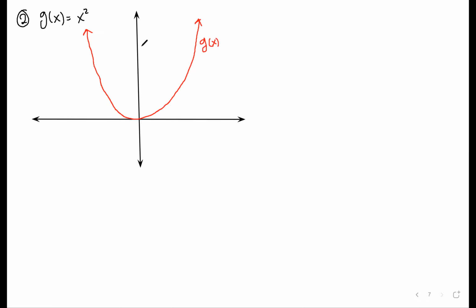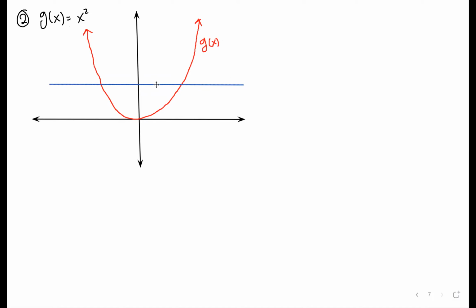Now, is the function 1-to-1 by using the horizontal line test? If I have a horizontal line like this, this is my horizontal line.